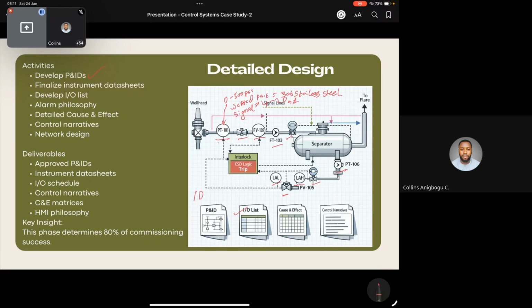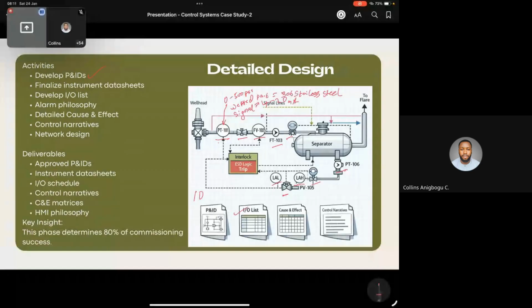I mean, for a mid-sized plant, probably of 10,000 IOs, you can easily spend 3 months on this detailed design. And that is even when you have proper manpower loading. You load proper manpower onto the project.